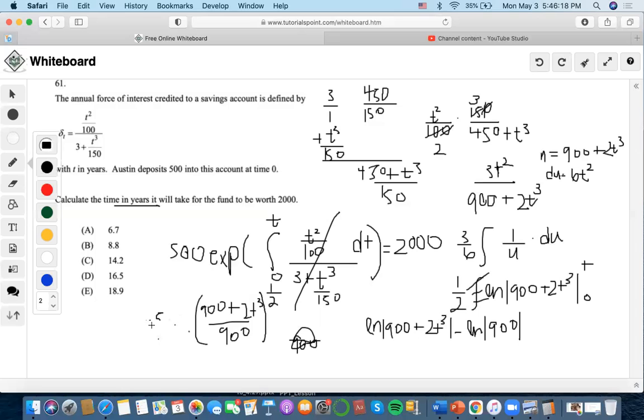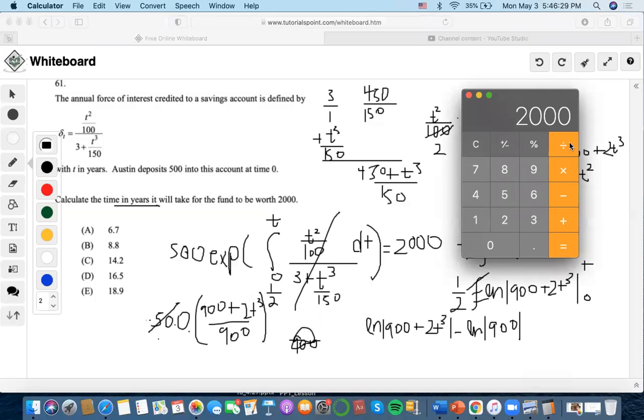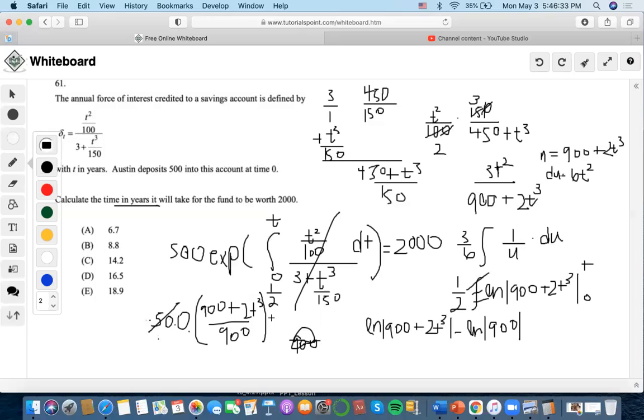Now we have the 500 left, and we set it equal to 2000, right? So let's take out the 500 and divide 2000 by 500. What is 2000 divided by 500? It's 4, right? So we're setting this equation equal to 4. Now let's get rid of this 1/2 exponent by squaring, so we make this equal to 16.